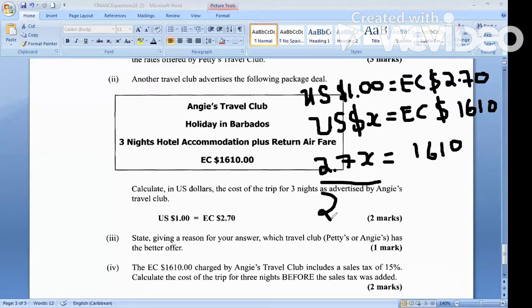We divide both sides by 2.7. All right, and that will give you the answer. So the answer is x, 596.30.